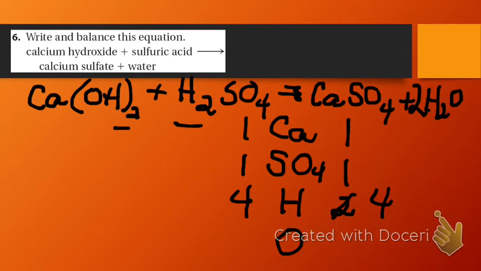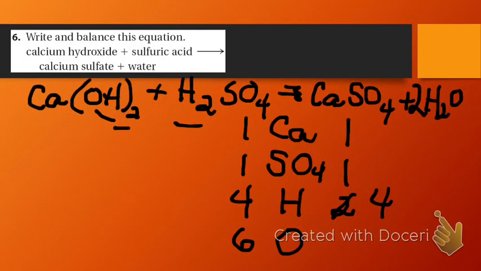Let's check the oxygen. Okay, on the left, I have 2 oxygen in my hydroxide. Okay, that subscript applies there. And 4 oxygen in my sulfuric acid for a total of 6. Okay, I'm going to look at my oxygen on the right.